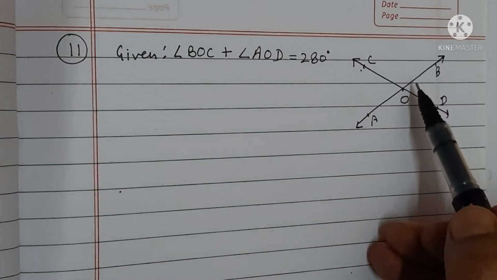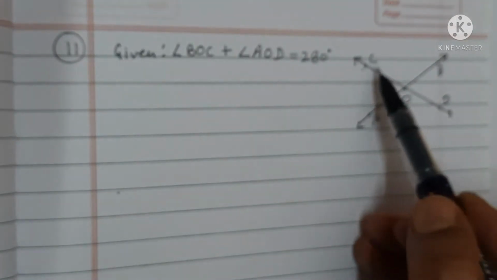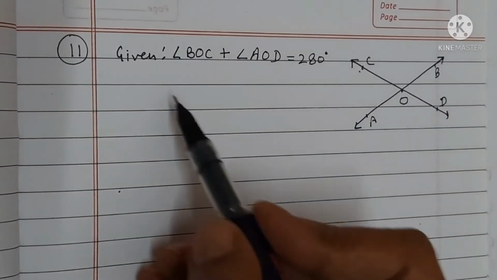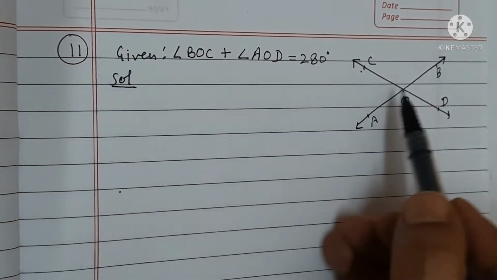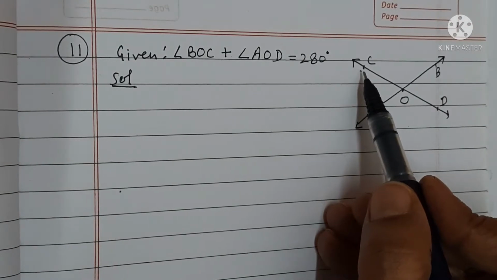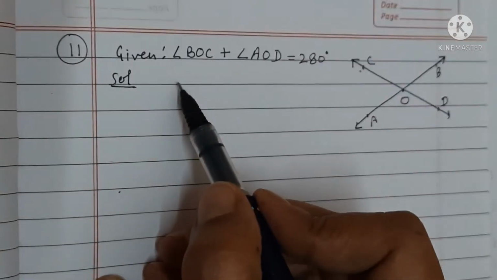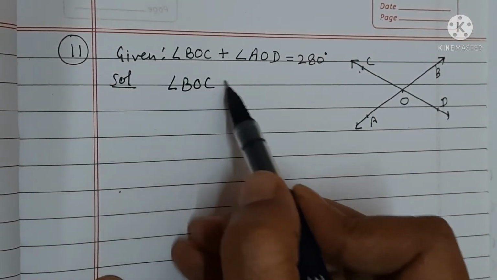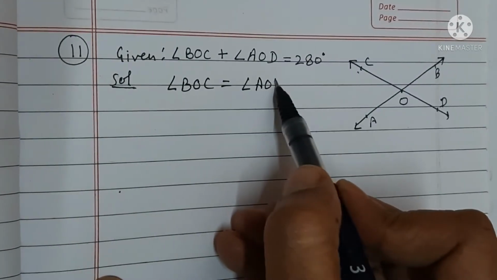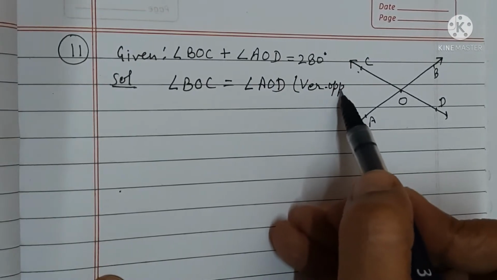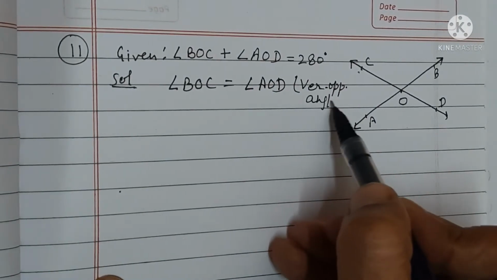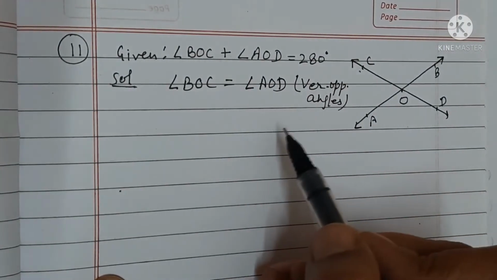Now very easy, because both are vertically opposite angles. So you can write angle BOC is equal to angle AOD, vertically opposite angles. Reason is this.